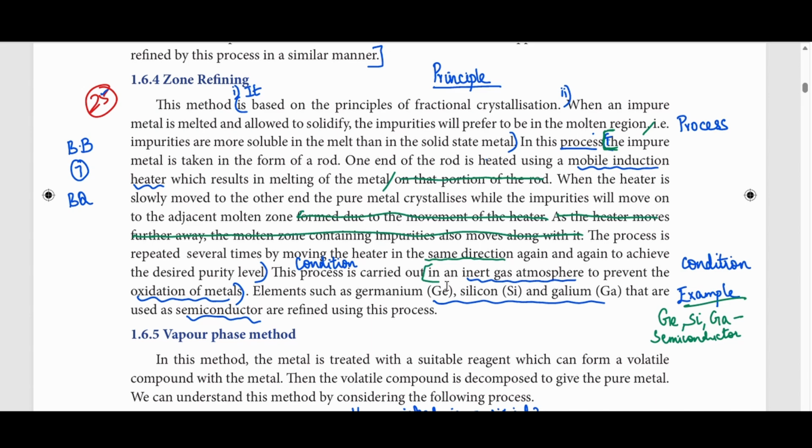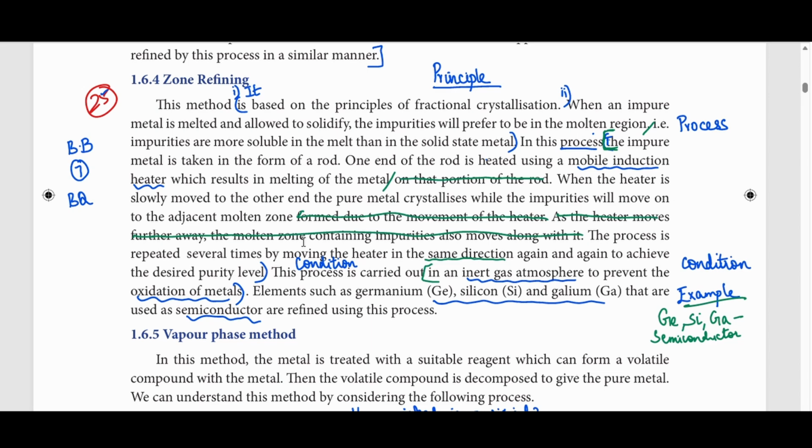The process is repeated several times by moving the heater in the same direction again and again to achieve the desired purity level. What is the condition? It is carried out in an inert gas atmosphere to prevent oxidation of the metal. For example, germanium, silicon and gallium, which can be used as semiconductors, can be purified by this method.